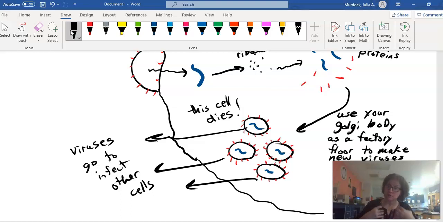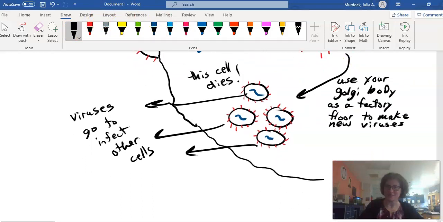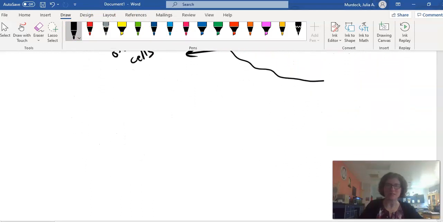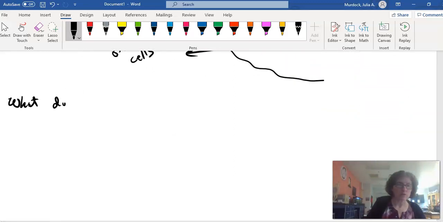As COVID-19 viruses are attacking your lung lining, now we need to talk about how the immune system is handling that. What is your immune system going to do about this?